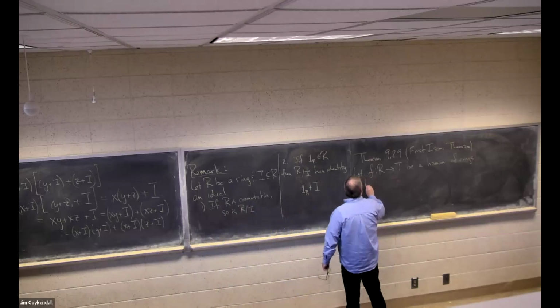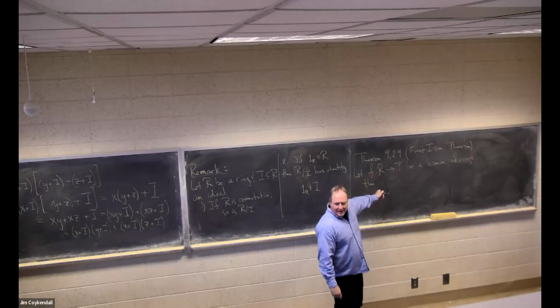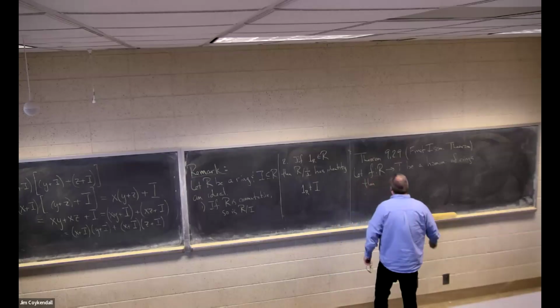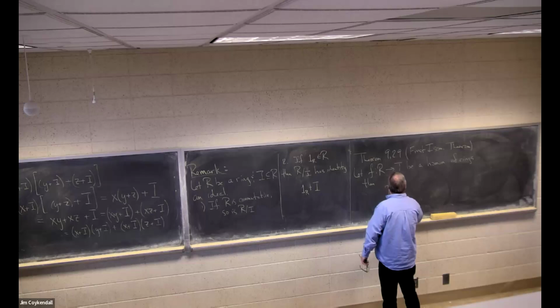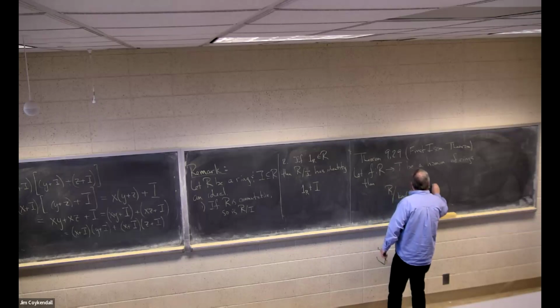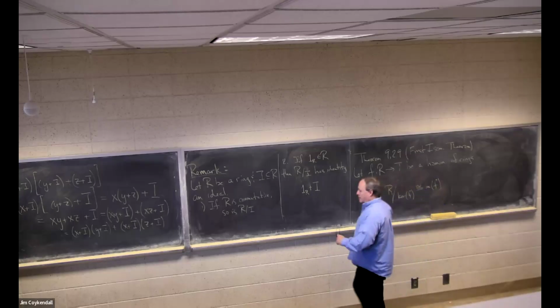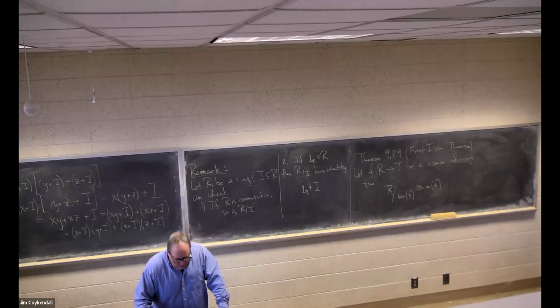Then we already know the kernel of F is an ideal in R, and the image of F is a subring of T. Then you induce an isomorphism from R mod the kernel of F to the image of F.